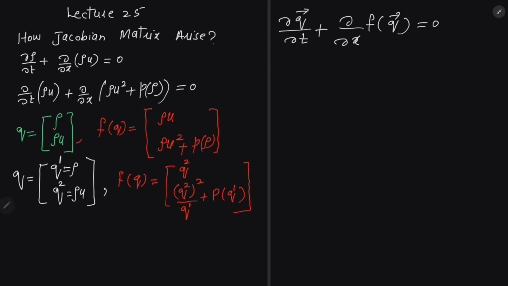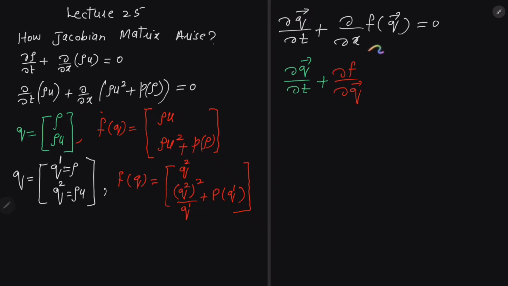Now we follow a similar procedure to what we already introduced. It means that partial q by partial t plus partial f by partial q vector, and remember that f is also a vector quantity since we have two components.